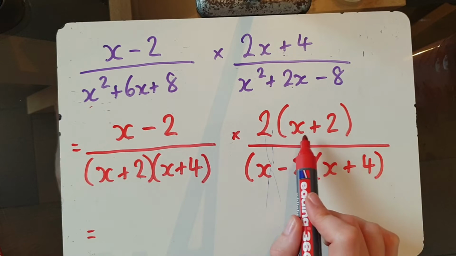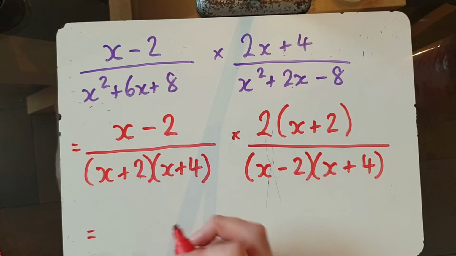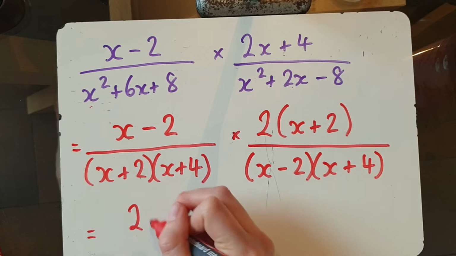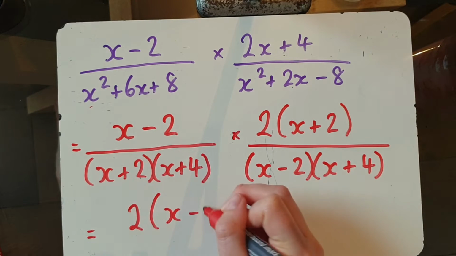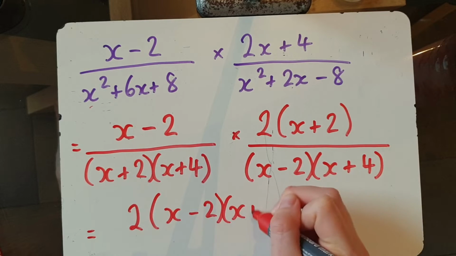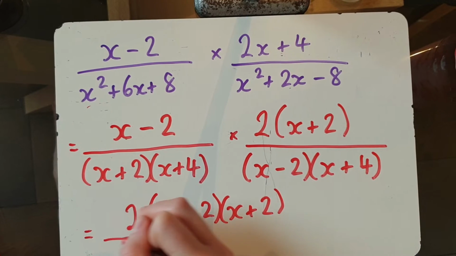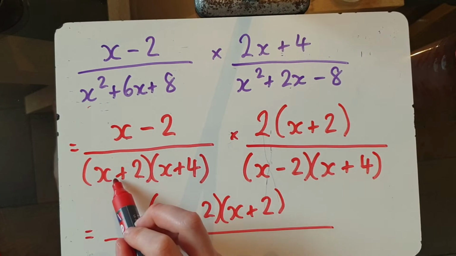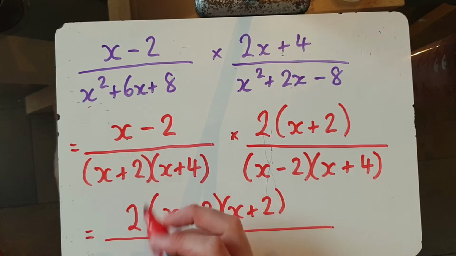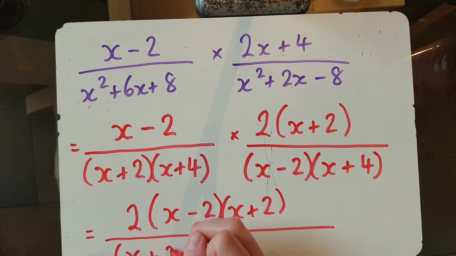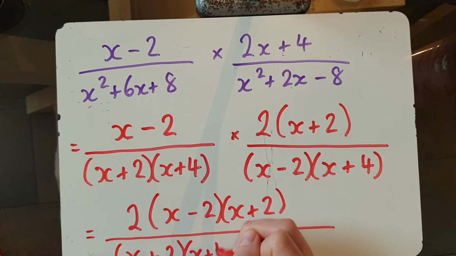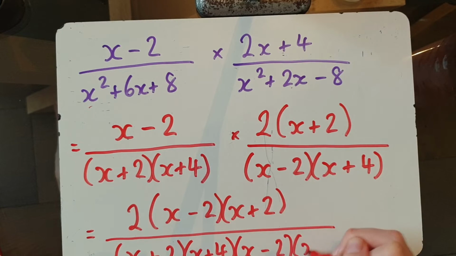I'm going to have 2 times (x minus 2)(x plus 2) all over (x plus 2)(x plus 4)(x minus 2)(x plus 4).